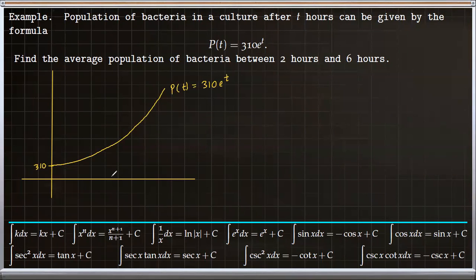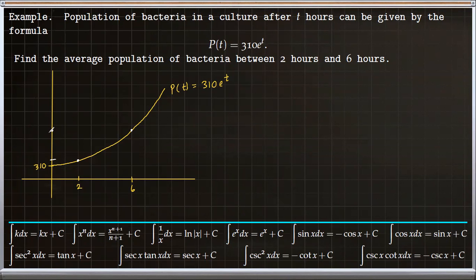And we are looking at the average value of P, the population, over the interval 2 to 6. So let's say over this interval. You see the y value at 2 is somewhere over here. So this is P at 2, and y value at 6 is somewhere over here.